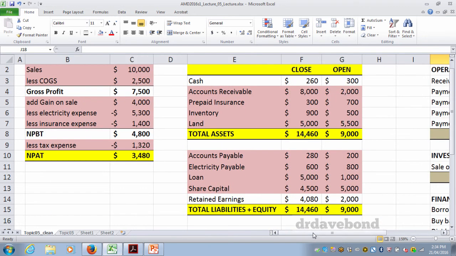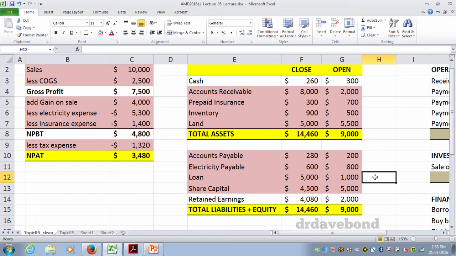I'm going to put it back on the information. I want you to spend a minute or 2 and work out what the amount of dividends. So there were dividends paid, even though it doesn't say anything about dividends in there. There's no explicit information about it. You can work it out. You have enough information.